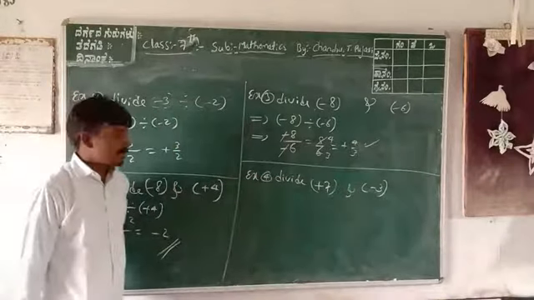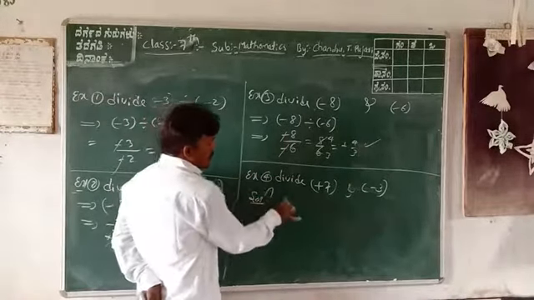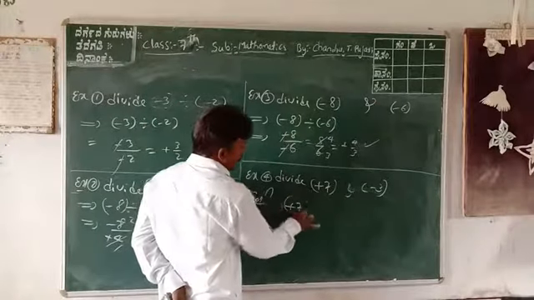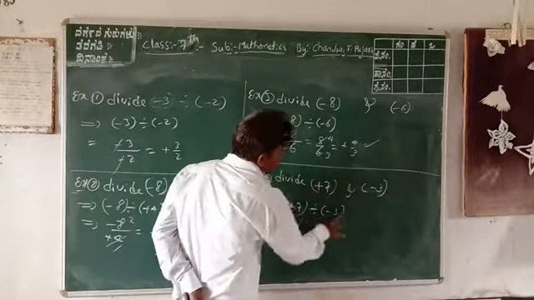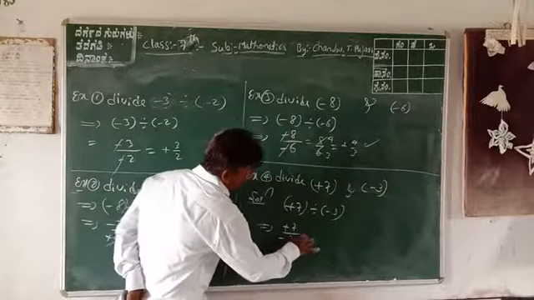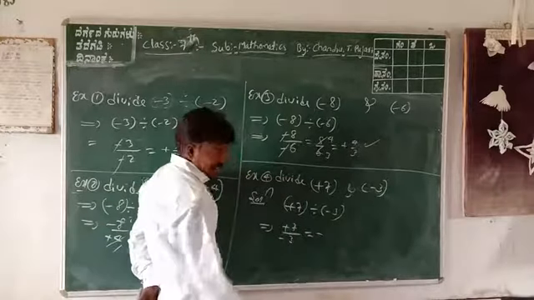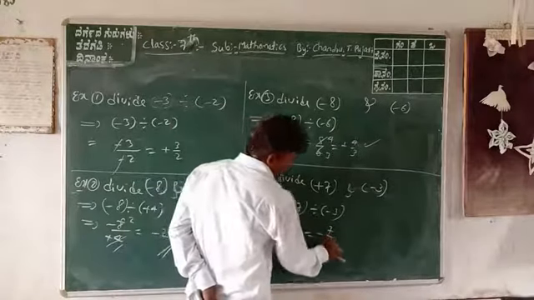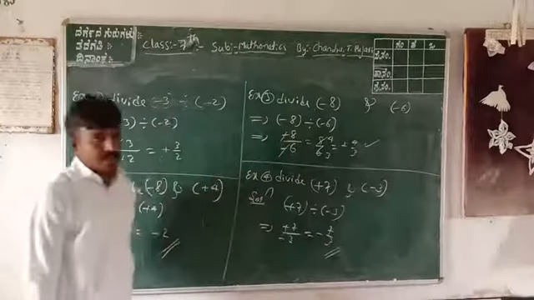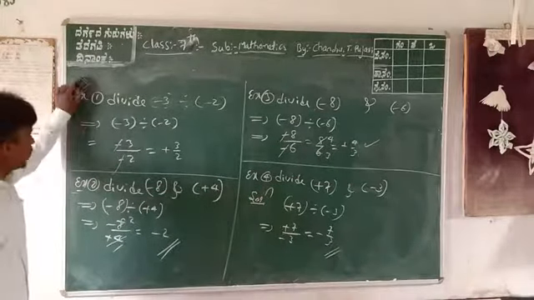The solution: the first number stays the same, plus 7 divided by minus 3. Opposite signs are here, so you can write directly minus 7 by 3. No cancellation, it stays as 7 by 3. This is your answer, minus 7 by 3.